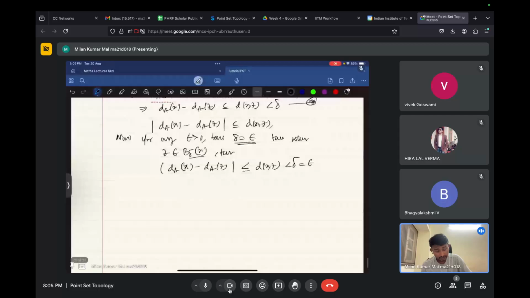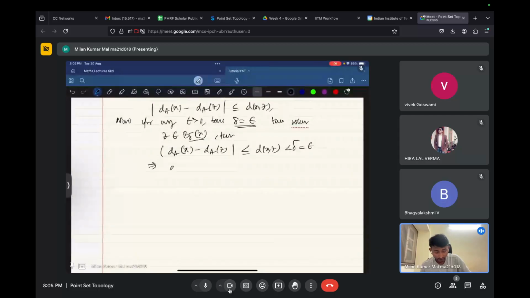So that means this function d_A is continuous at x, because that is what the definition says. Is it clear?